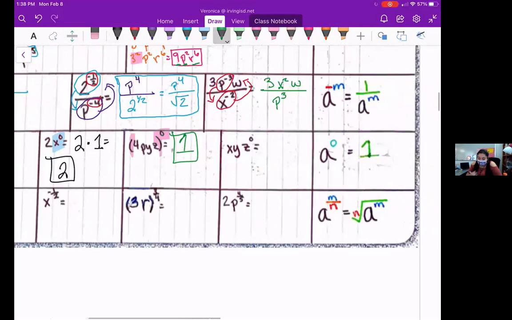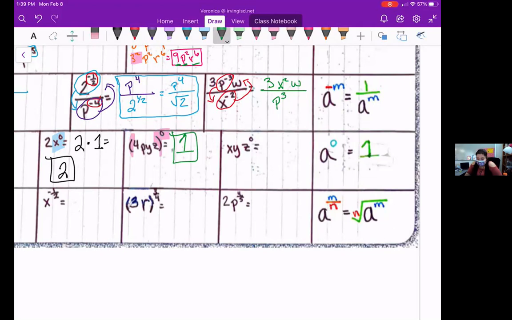Okay, so for the next one, who has the power of 0? X, Y, Z, or all? Daniel? Who has the power of 0 for the example we're on now? X, Y, Z, or all of them? Why? What did we just say about this example right here? 4pyz to the power of 0.